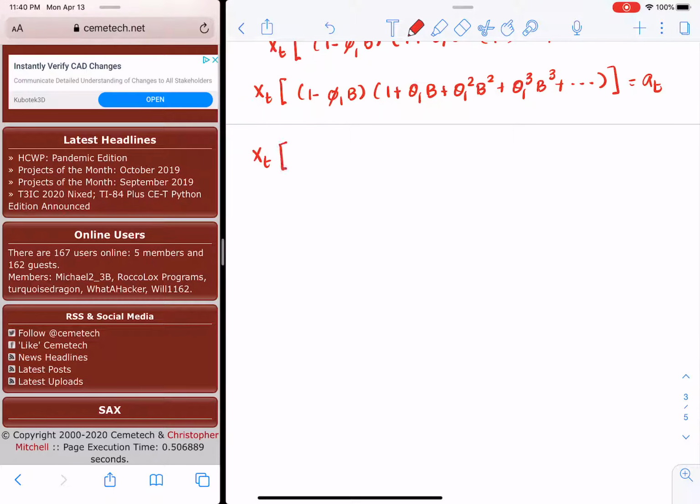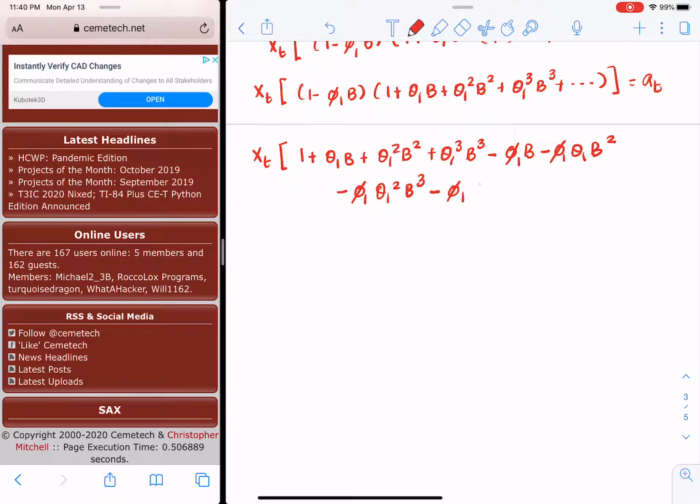Now I would FOIL, I'll have 1 plus theta1 B plus theta1 squared B squared, theta1 cubed B cubed, minus phi1 B minus phi1 theta1 B squared minus phi1 theta1 squared B cubed minus phi1 theta1 cubed B to the 4th, and so on.